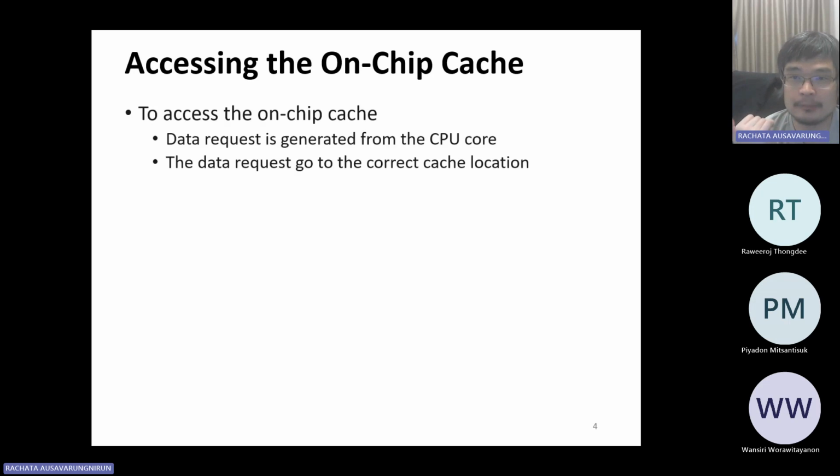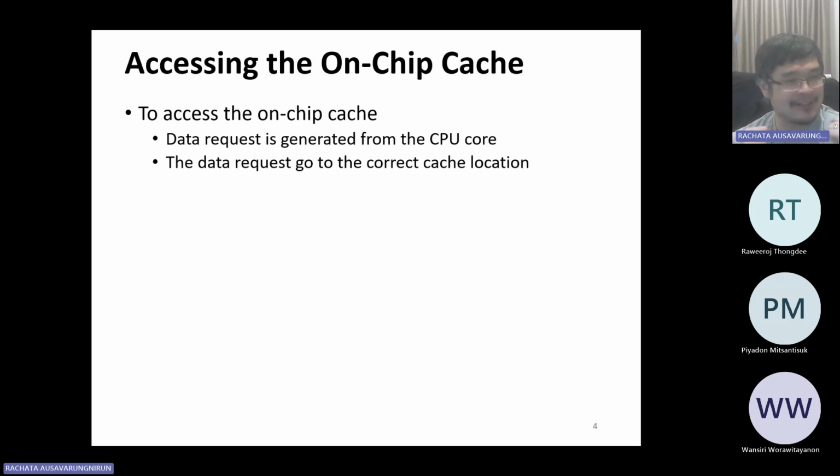The problem is, to access the on-chip cache, if I use a bus, it means one person can use it at a time. And the data request needs to go to the correct location, because the cache can be anywhere on your chip.